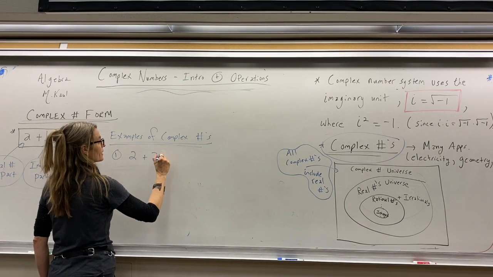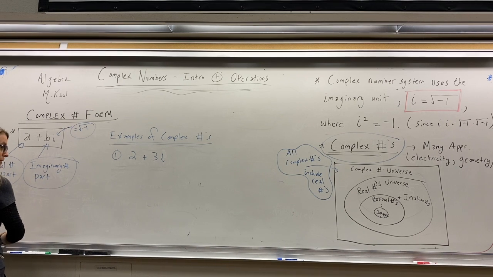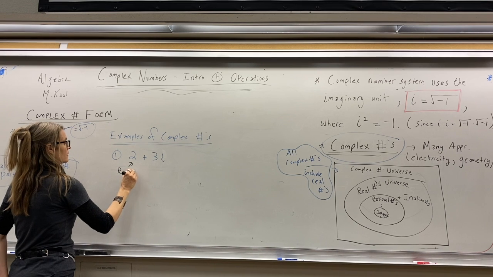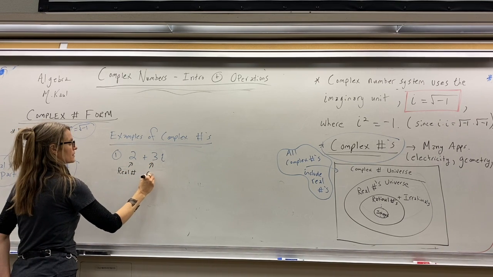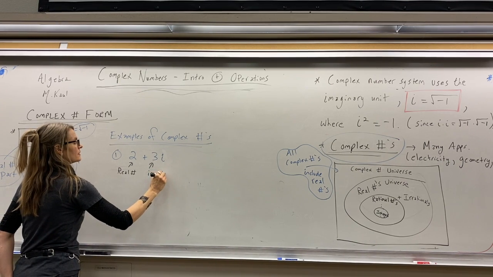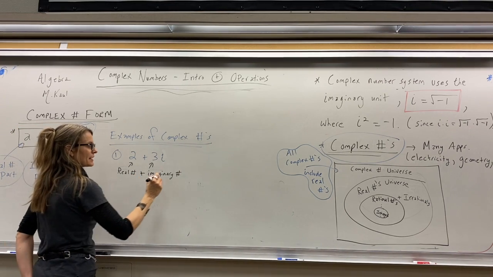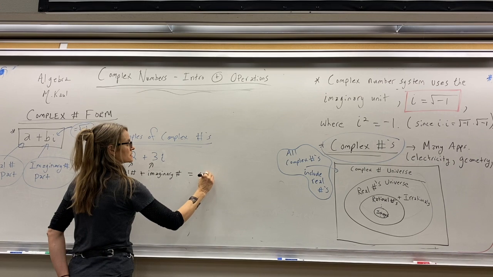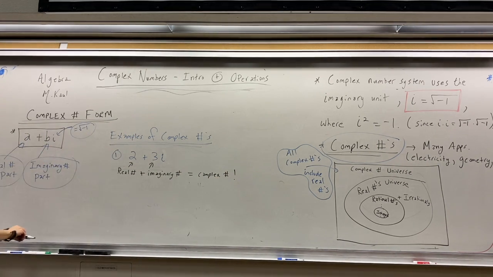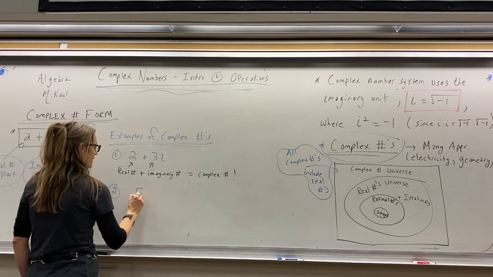Here we actually know what the i value is. It's just the square root of -1. So you can see here that you have your real number part, and here you have your complex or your imaginary part. So the real number part plus the imaginary number part equals your complex number. Bingo.